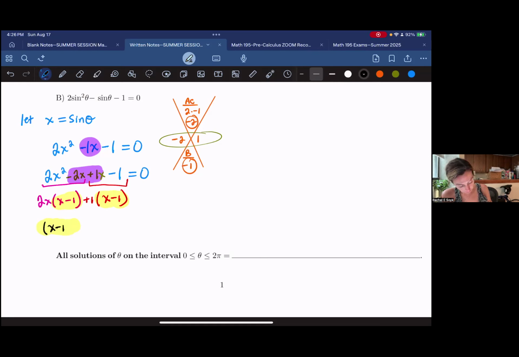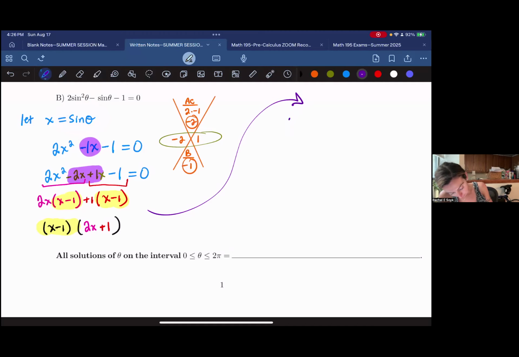We're going to now factor out that yellow binomial. And when we do, inside our other binomial or parentheses is going to be our binomial 2x plus 1. It is factored. Let us now find our values for x before we substitute back in our sine theta.